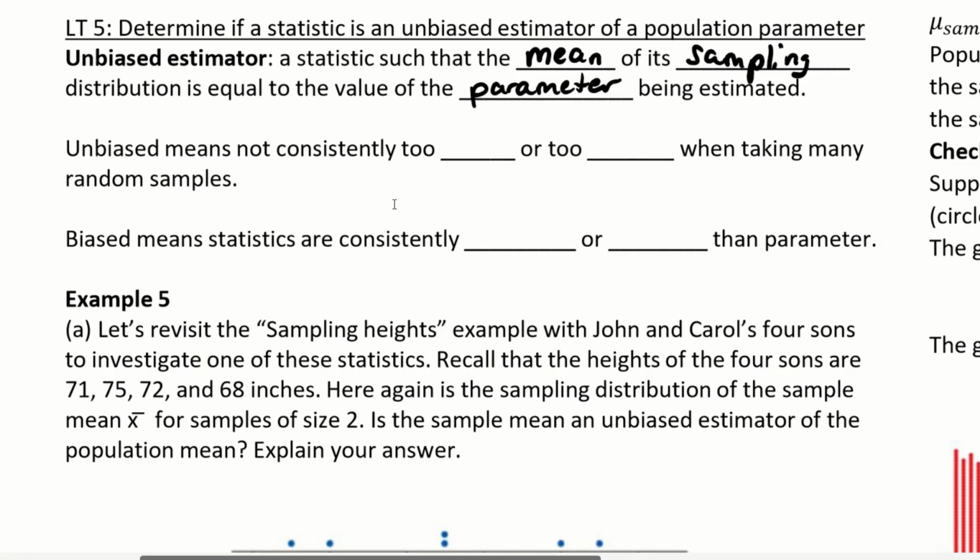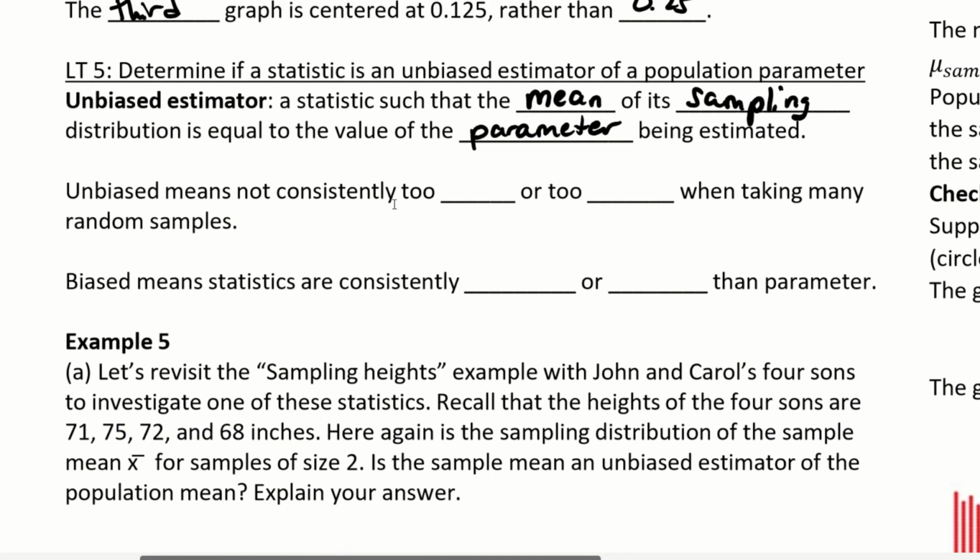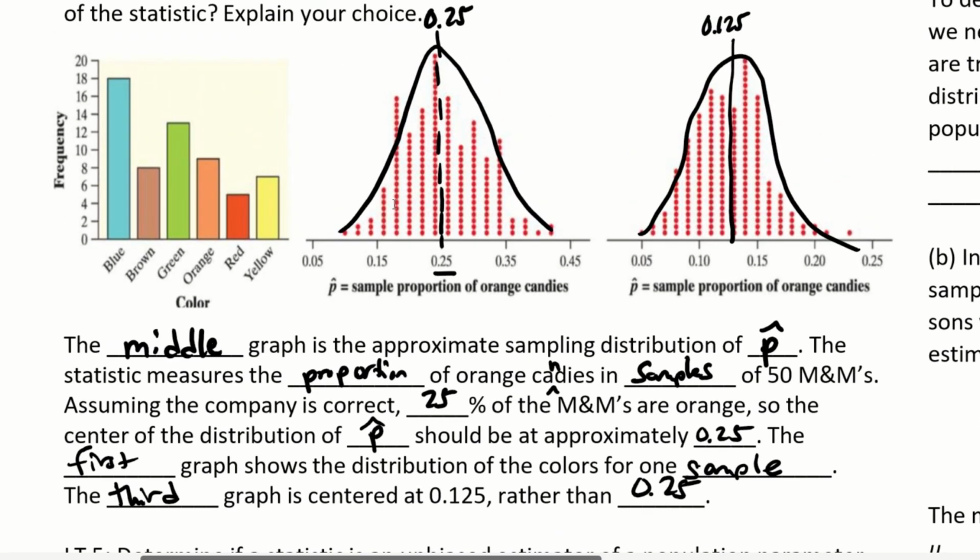In this example, we're dealing with p hats, and the average of this sampling distribution was 0.25 because it's at the center, right? So we said that basically the mu of p hat is 0.25, but that was equal to p. The p was the true proportion value for the orange candies according to the M&M's company, and it actually matched up with the average of that sampling distribution.